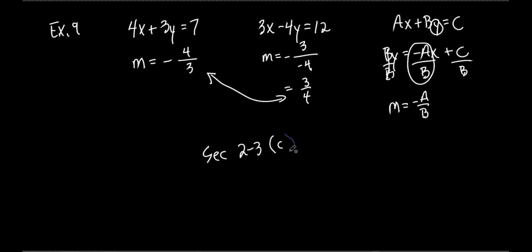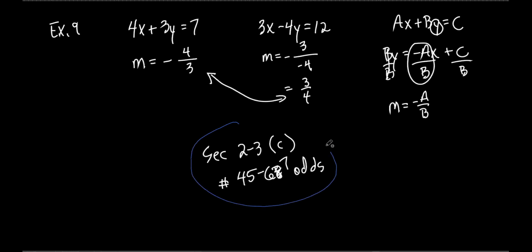So 2-3C, and I'll tell you what, I'll just give you the odds. How about that? 45 to 68. It's really not that many if I gave them all to you, because they're fairly easy. But I'll just give you the odds. Okay, good.